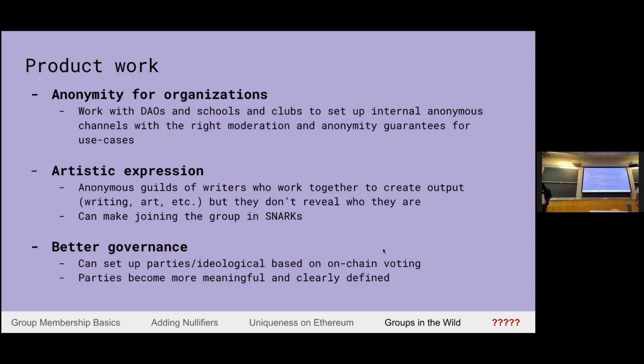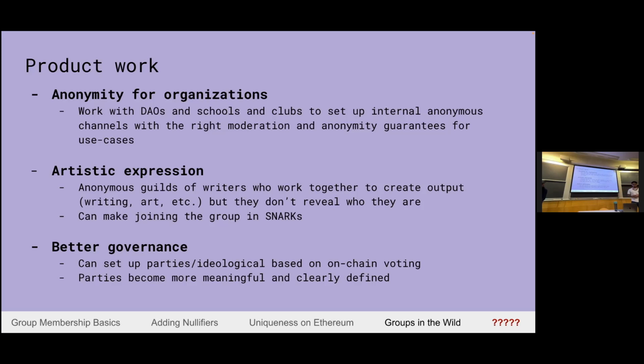One final slide is, we talked about anonymity for organizations, just preparing institutions. One thing I've been really excited about for a long time is how this technology will allow people to express themselves better, but also in artistry and in creativity. So one exciting thing I want to do is to have guilds of writers who have reputation for various things, whether they're journalists in different places or they have a very long blog or something.